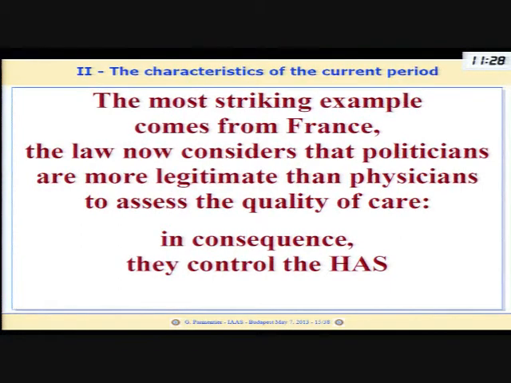The most striking examples come from France. It's a unique example. The law now considers that politicians are more legitimate than physicians to assess the quality of care. In consequence, they control our institution responsible for quality, called HAS, the High Institution for Quality.